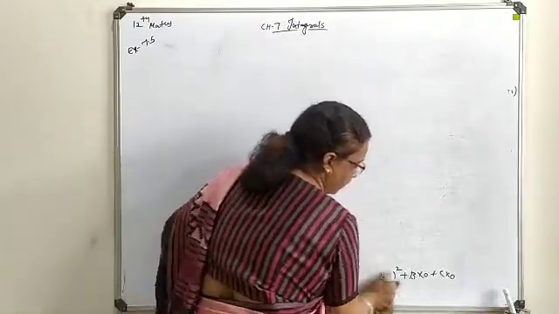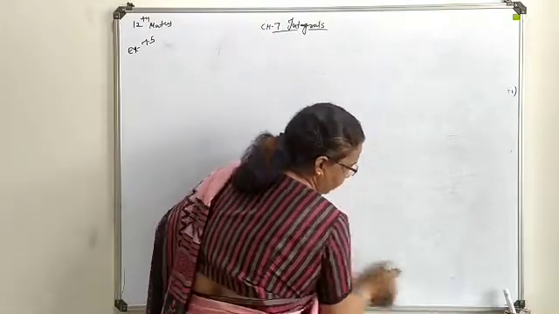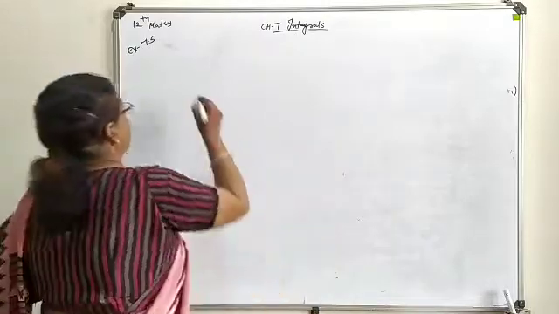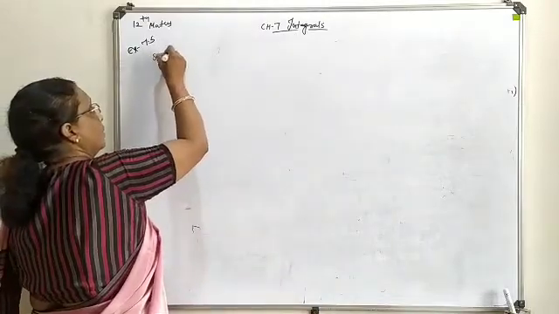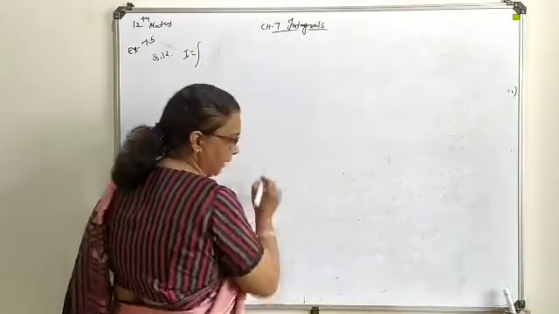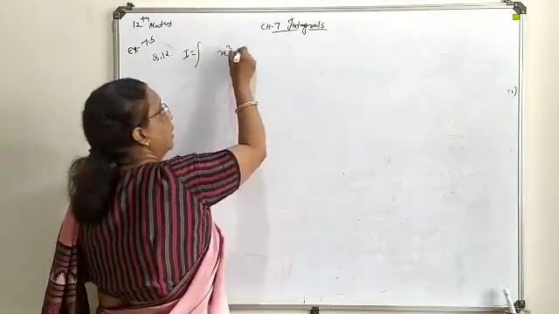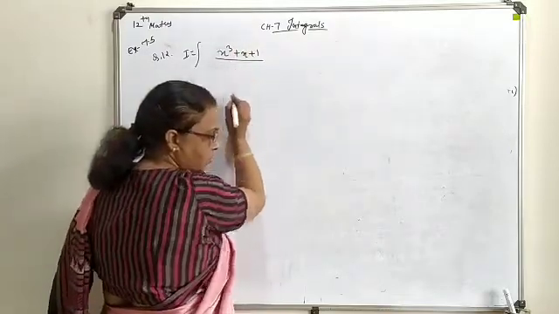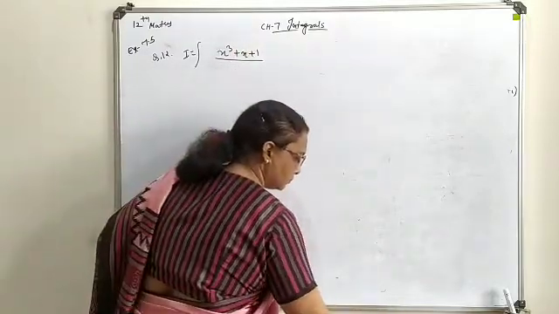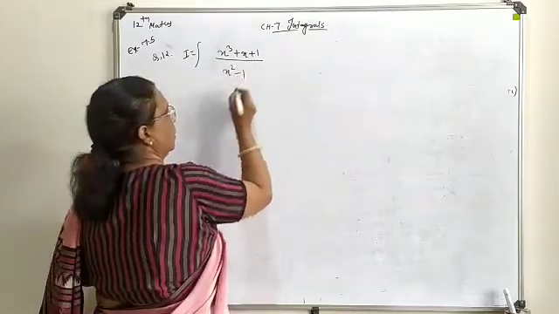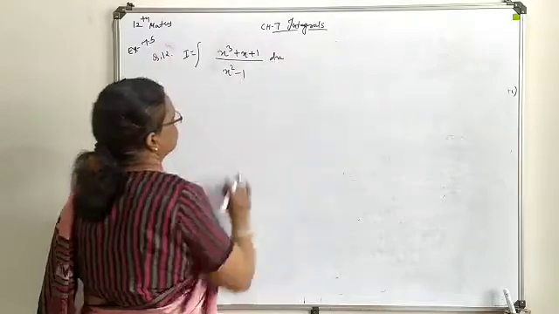and then only you can use the partial fraction method over there. Now in 12th question, your I is available as x cube plus x plus 1 upon x square minus 1.